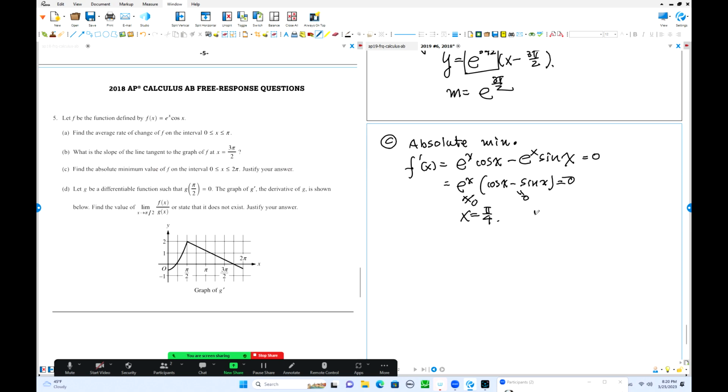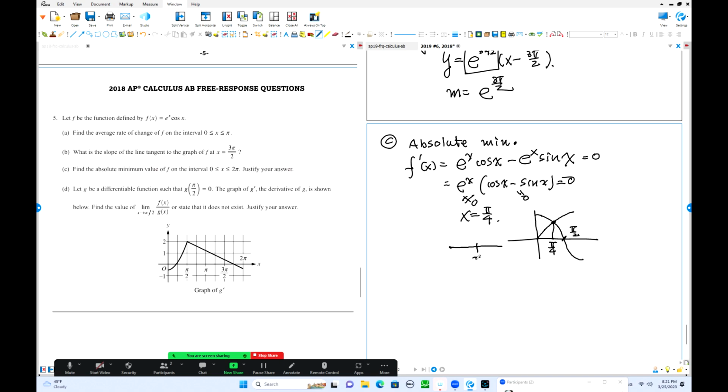So maybe you can use the graph over here. Cosine x graph, pi over 4 this way, cosine, pi over 2, sine x over here, right? So they are equal at this point, pi over 4. At this point, cosine is higher than sine x, okay?